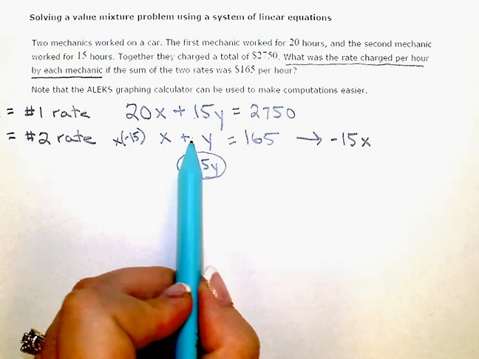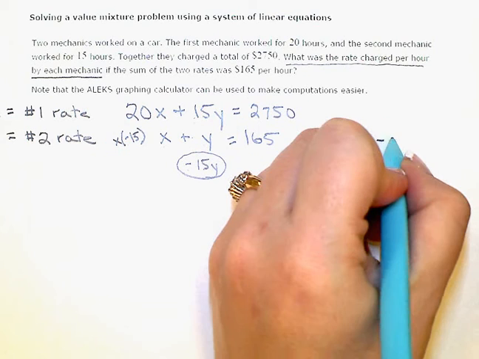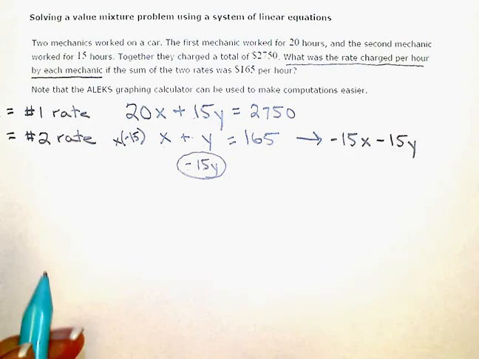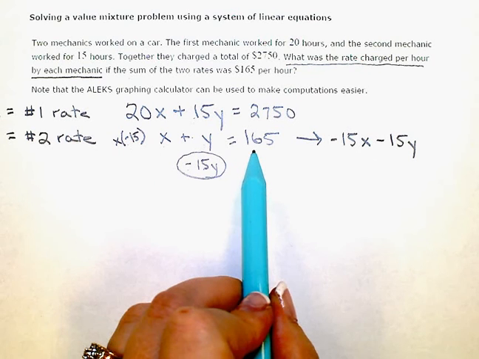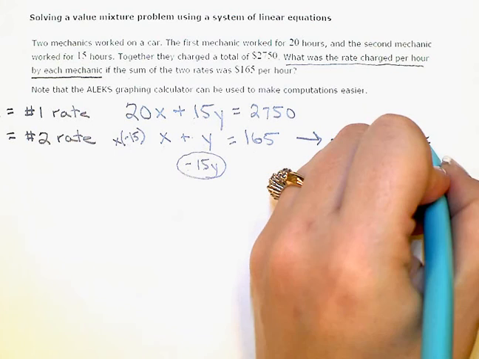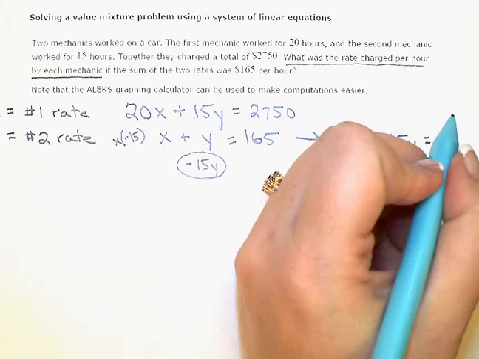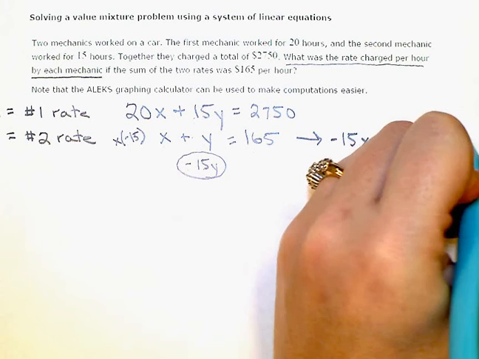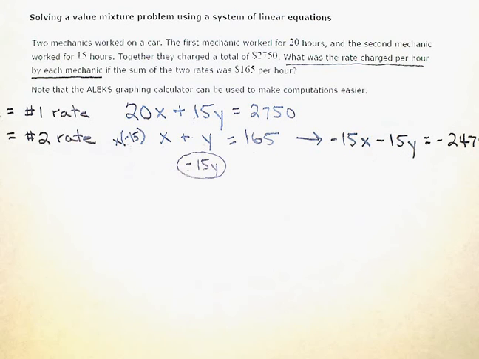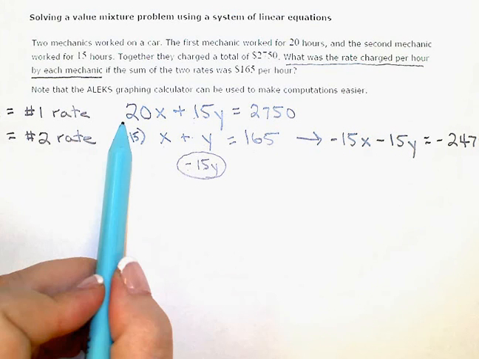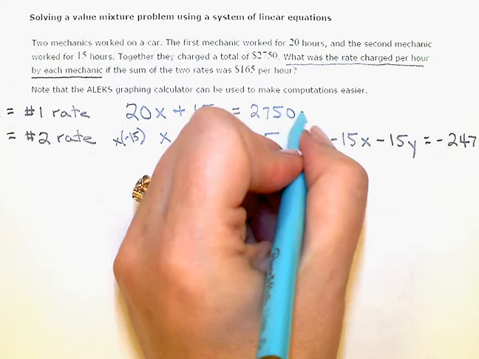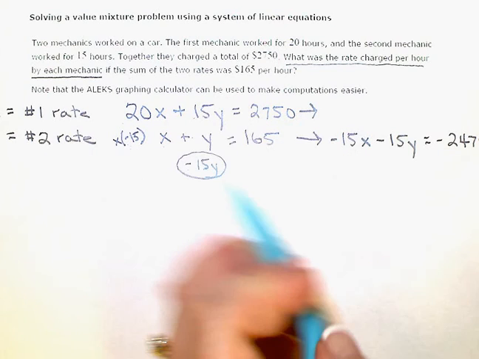Negative 15 times y will be negative 15y, and negative 15 times 165 for my constant is negative 2,475.